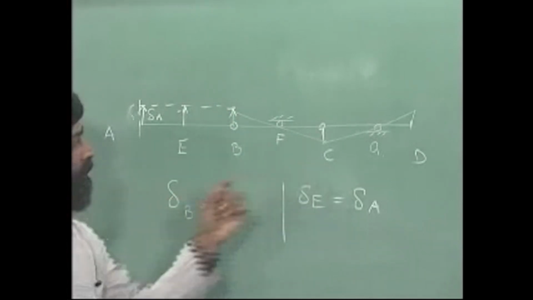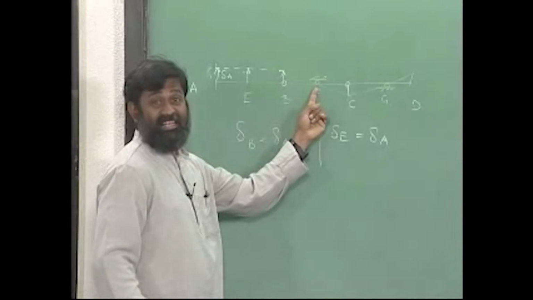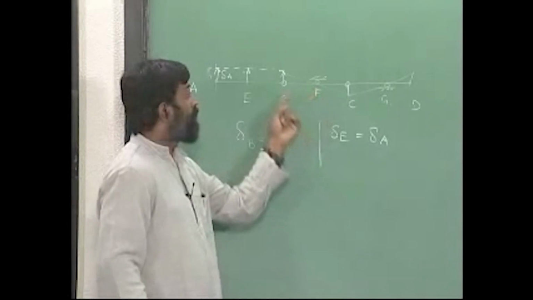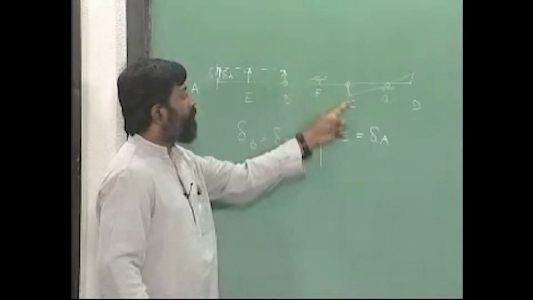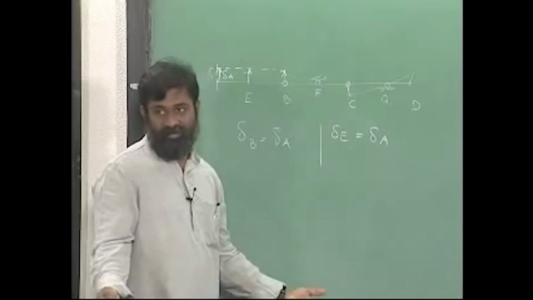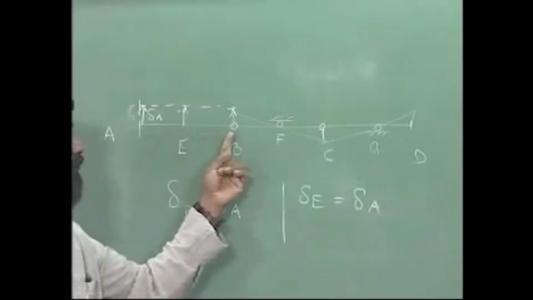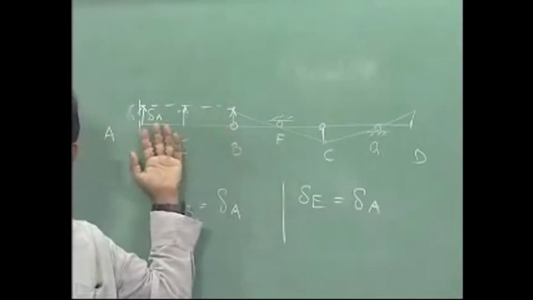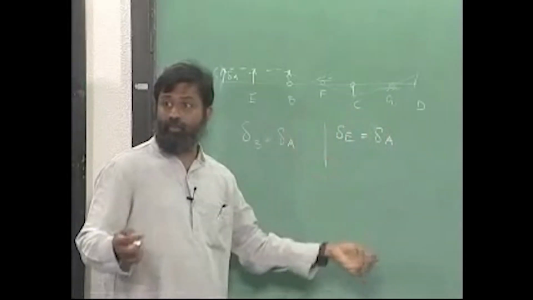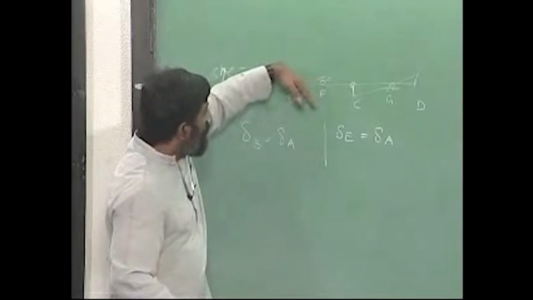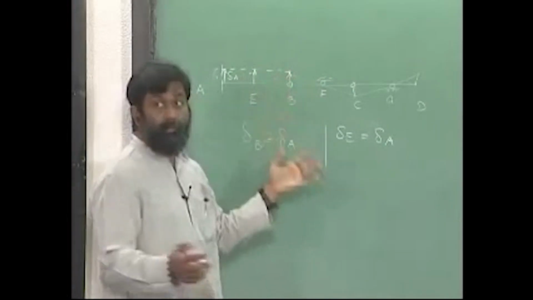How about delta C? Since this is exactly in the middle, the amount of movement here will coincide with the movement over here, very simple. Please remember we are looking at small changes. I have just drawn in such a way that these changes are too big. Please remember the rotation is such that this displacement is small.